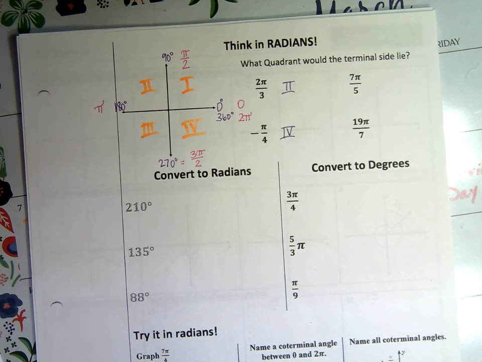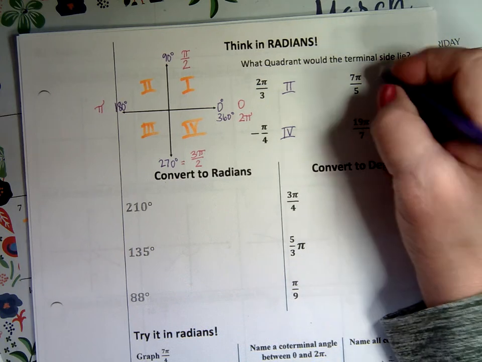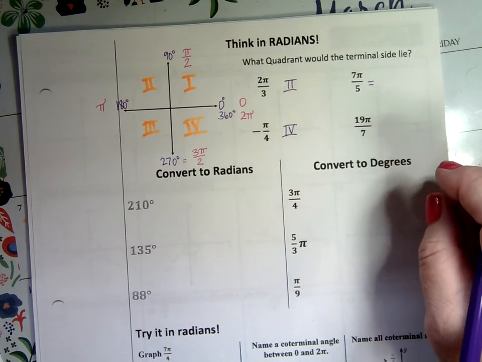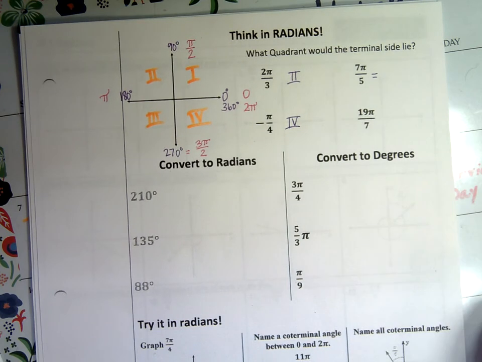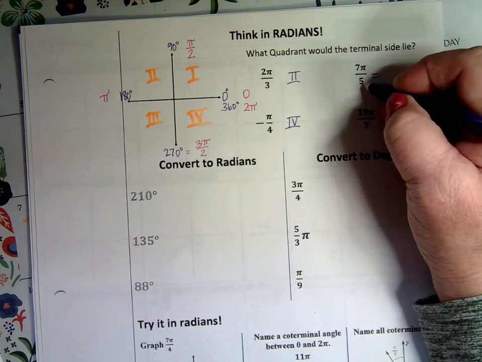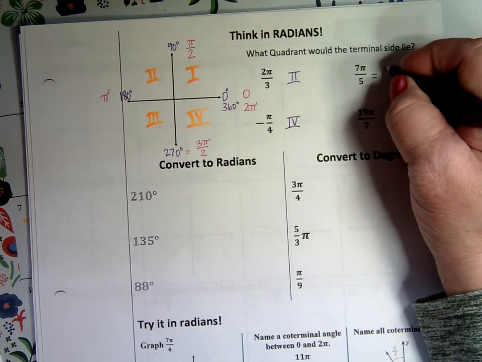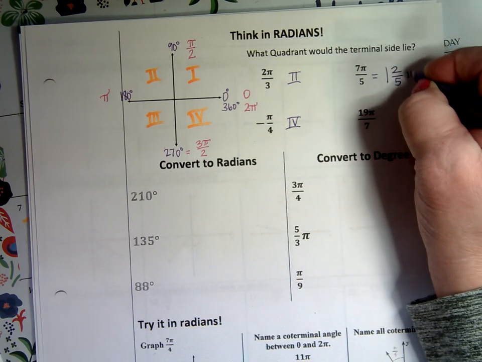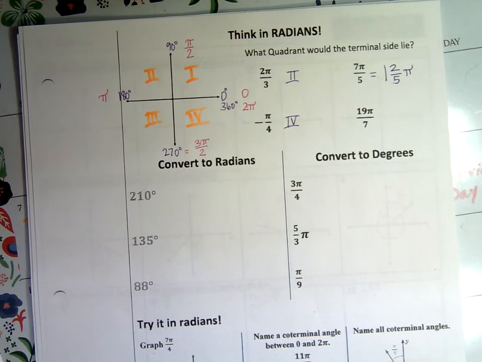Now what about when they give you these improper guys like 7 pi over 5? Well, you have to convert that to a mixed number. I'm going back to stuff you might have done back in grade school. If you have 7 over 5, that would be 1 with 2 left over. So it's 1 2/5 pi. You want to convert to a mixed number first so that you can see where it's going.